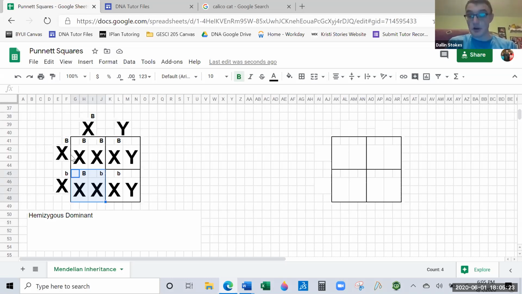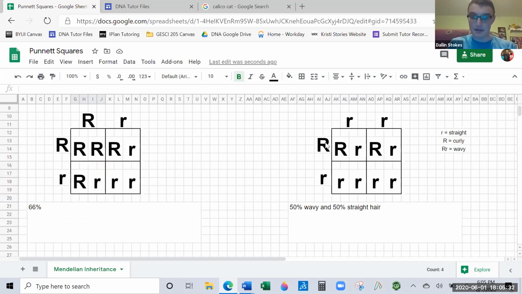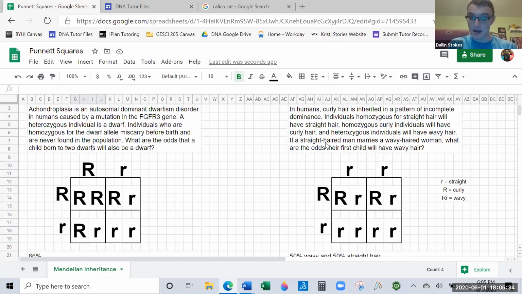That's all it is. Again, same Punnett square, just heterozygous means something different. So that's the difference between codominance and incomplete dominance. With incomplete dominance, they blend together to form a new color or a new phenotype, a new thing that wasn't an option before with the alleles.